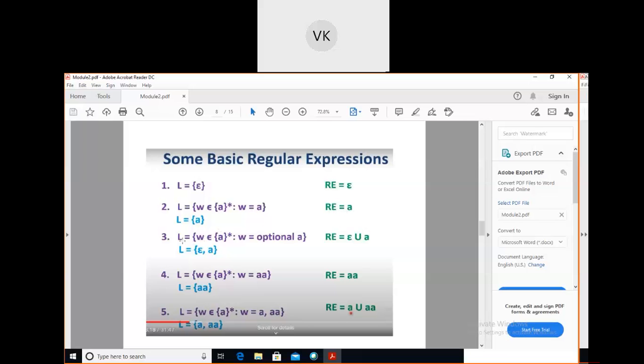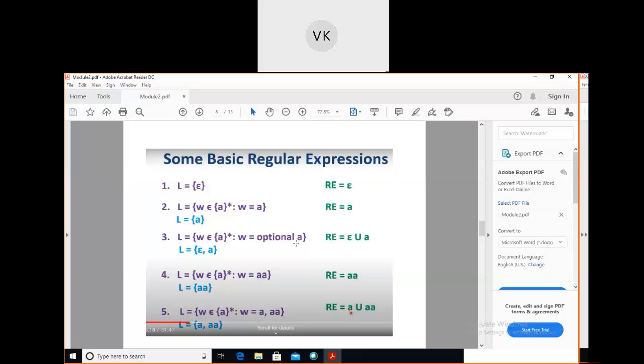Third one, L is a set of strings W over an alphabet, where W is equal to optional a.